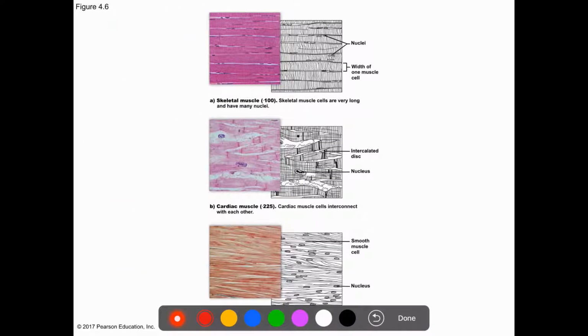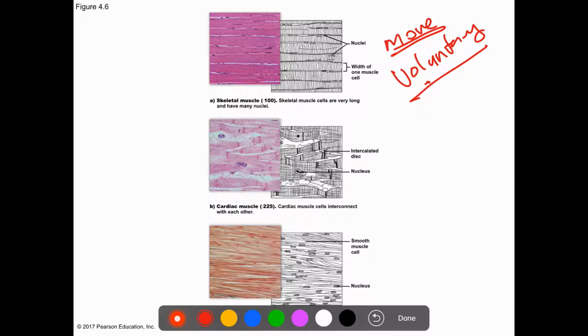For the skeletal muscles, these are responsible for movement. So they will move our body parts, and of course, they are voluntary. So we have control over them.